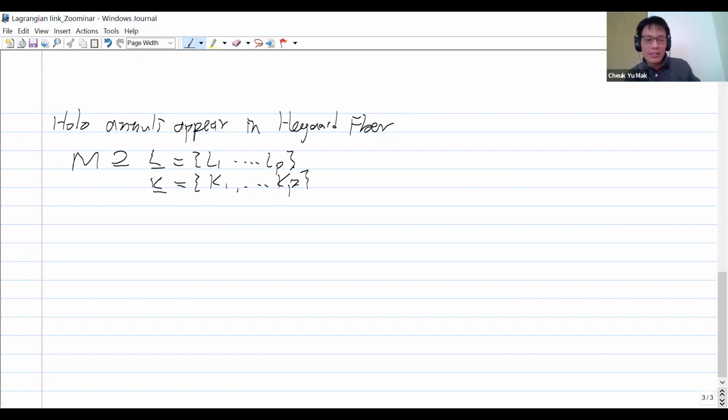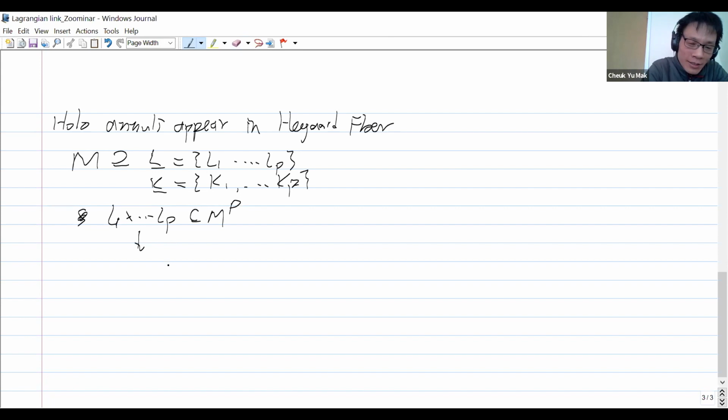Each collection is a collection of pairwise disjoint Lagrangian submanifolds, and what you do is you consider the product inside M to the P, and then descend it to the symmetric quotient, M to the P modulo the symmetry group.